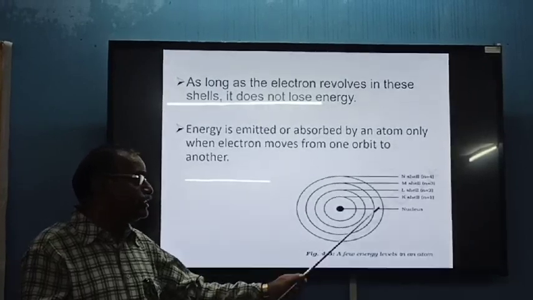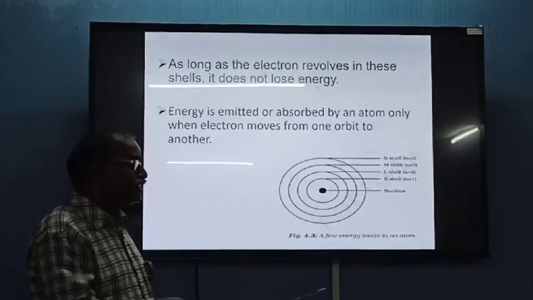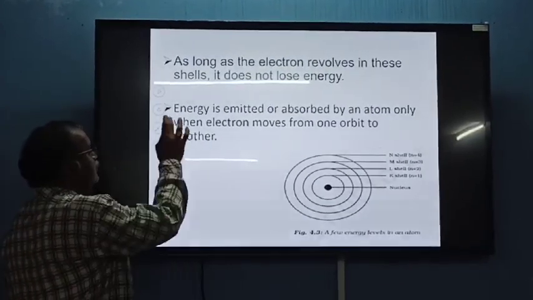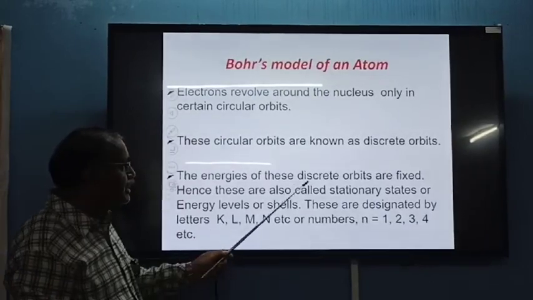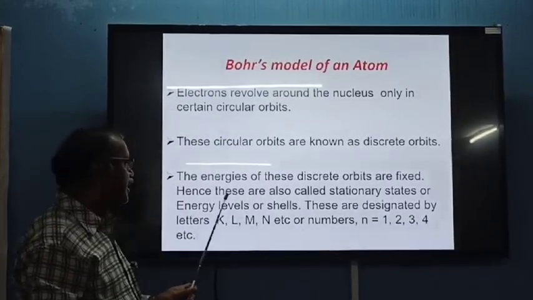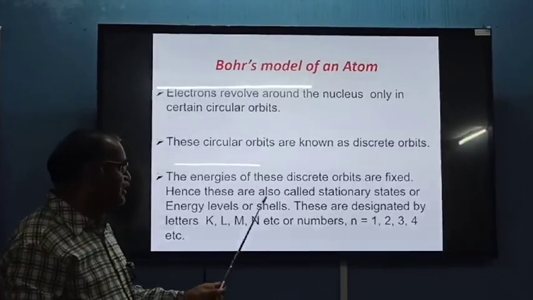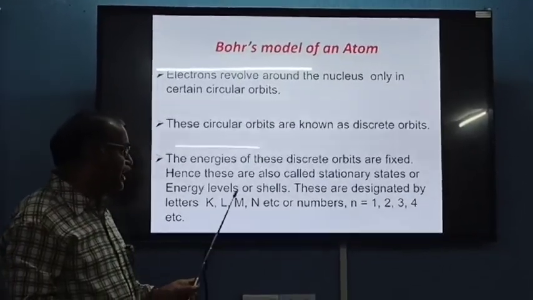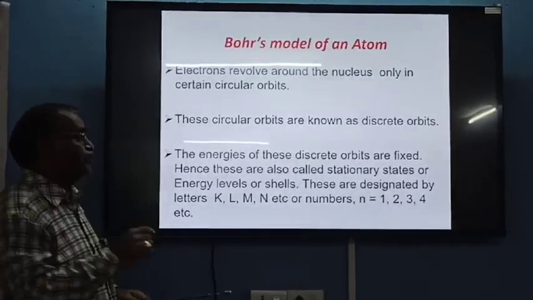With a fixed amount of energy, they continue their rotation around the nucleus in the circular path. The energies of these discrete orbits are fixed. Hence, these are also called stationary states, energy levels or shells, indicated with K, or n equal to 1, 2, 3, 4. Electrons will be present only in those.